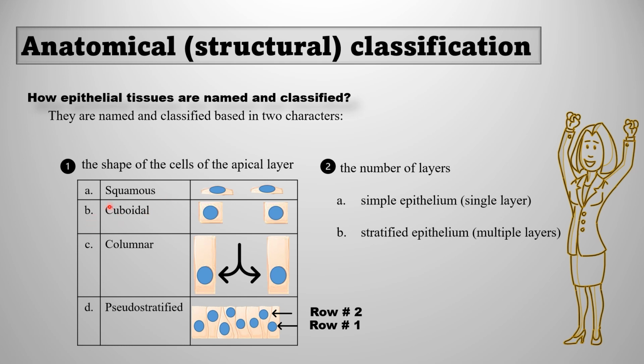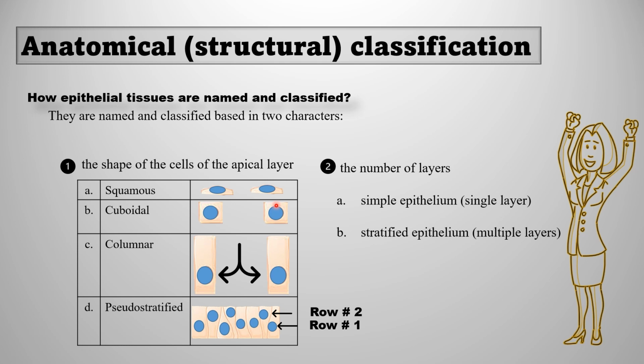The second type of cells are called cuboidal cells, which are square-like. They are a little bit wider and they have height. It looks like a square or a cube, and they may or may not have microvilli on the top of the apical layer.